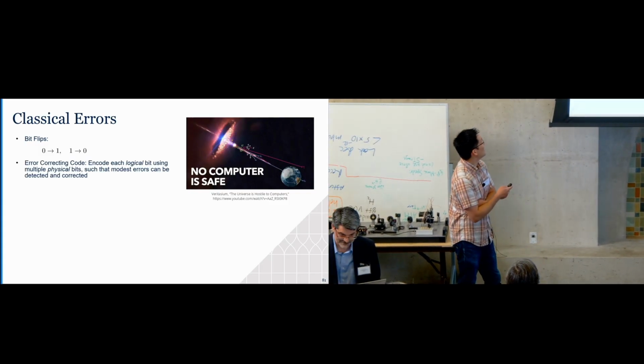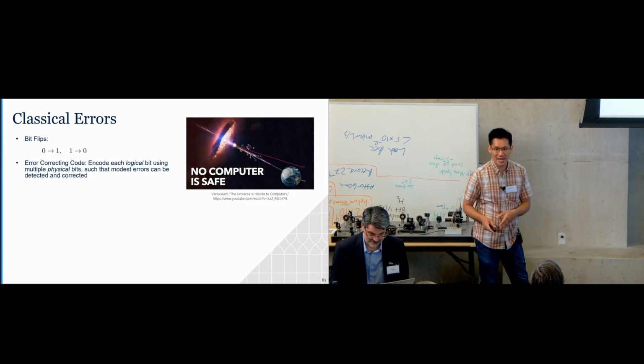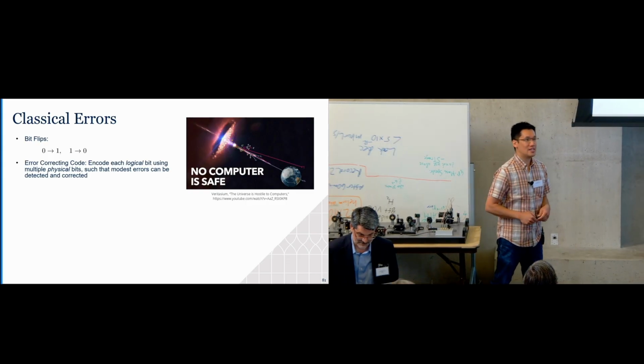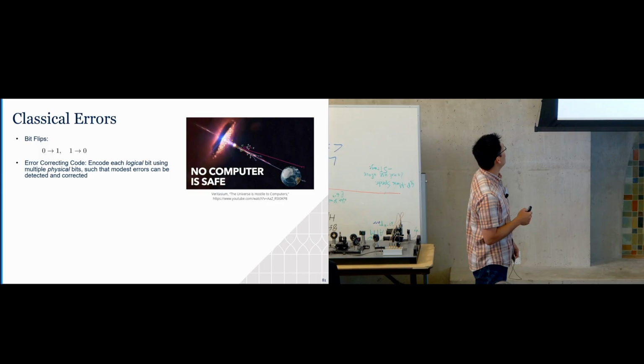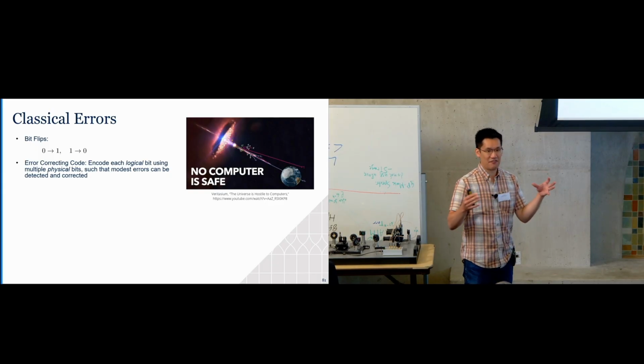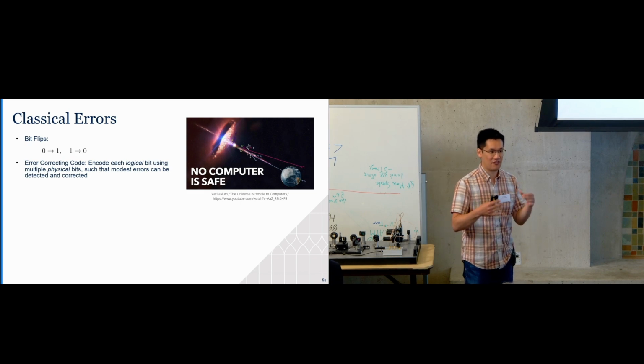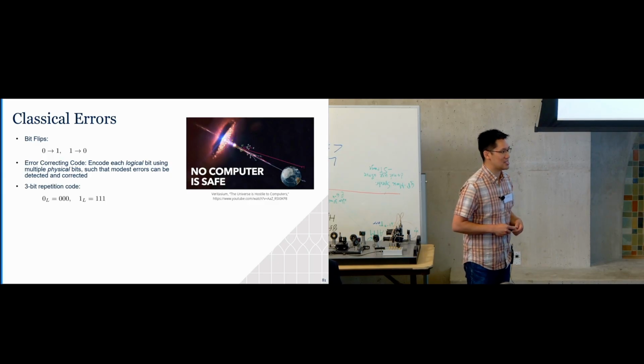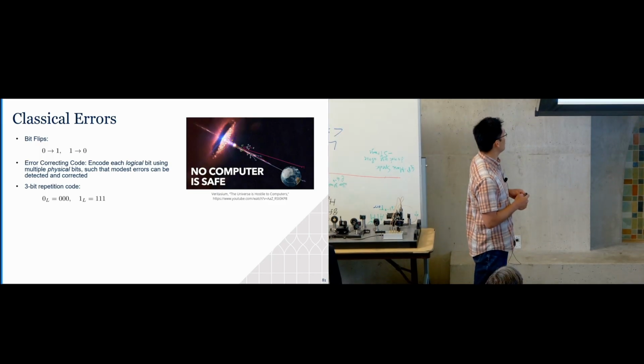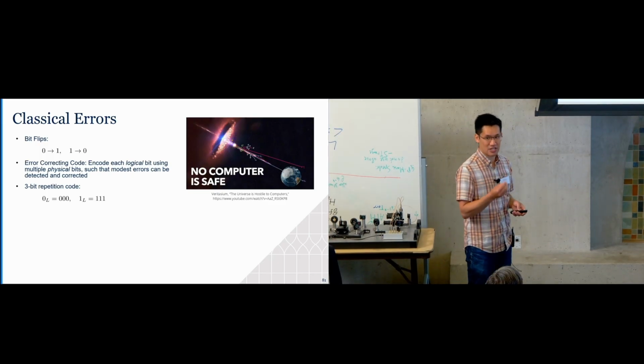But anyways, what we can do is use an error correcting code where we take each logical 0 or 1, and we use many physical zeros and ones to represent that. That way, if one of them gets messed up, we can still figure out what it was supposed to be. Perhaps the simplest way is to just have many copies of your bits. So instead of a single logical 0, we have 3 physical zeros.